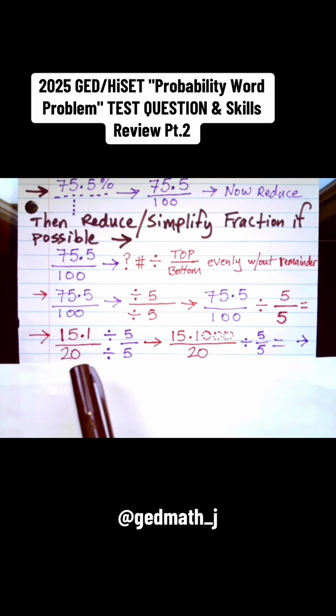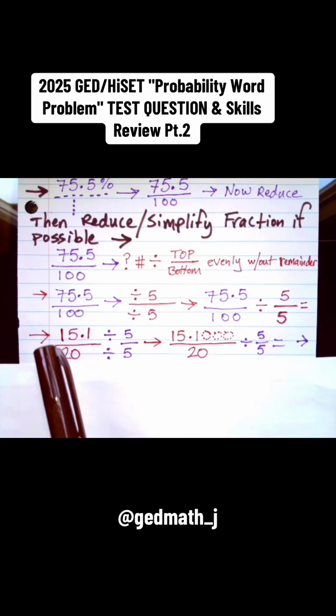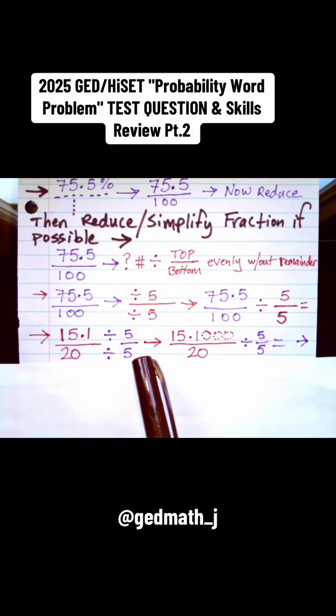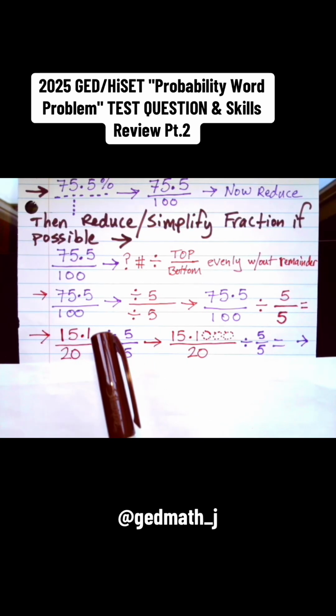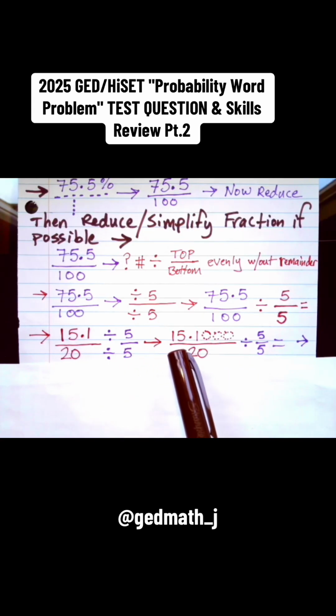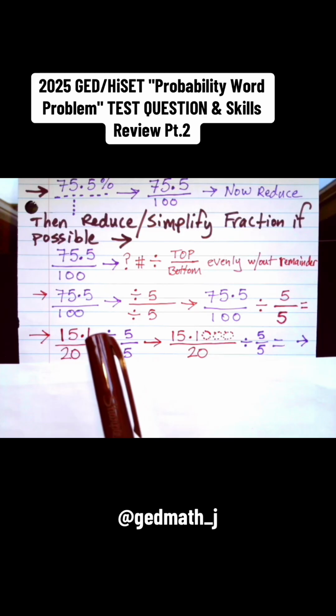So that term reduces. I can reduce this fraction, 15 and 1/10 over 20, by dividing 5 into top and bottom one more time. Remember, there's an invisible 0 and an infinity of zeros to the right of that 1. I'm showing you that here in the next step because that makes my division a little bit easier. Of course, if you're using a calculator, you don't need to worry about that.